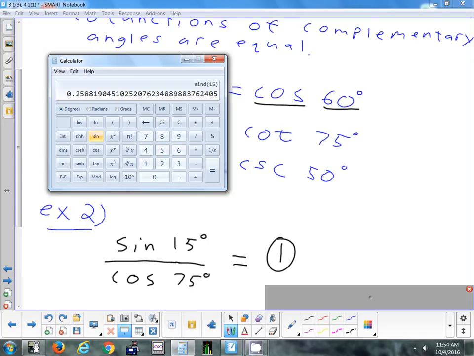But what I do know is it's the same weird number. So if I divide two things that are the same, I know I'm going to get 1. This trick wouldn't work if you change this 15 to a 16. These numbers have to add to give you 90. These have to be cofunctions. If that doesn't happen, the trick doesn't work. So it's a very, very special trick that only works in certain situations.